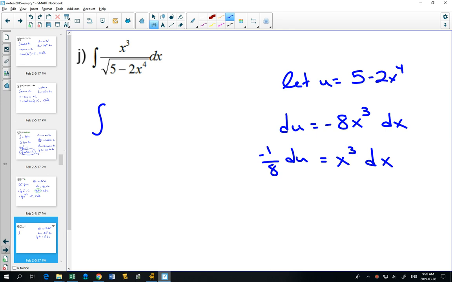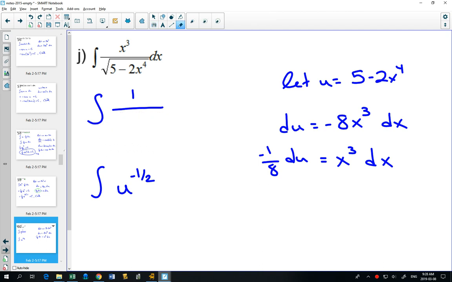Instead of writing the square root of 5 minus 2x to the 4 on the bottom, are you okay if I write that right away as u to the negative half? Or is that too many steps at once? Okay. Move it down. Is it all right if I change the square root to a half right away?